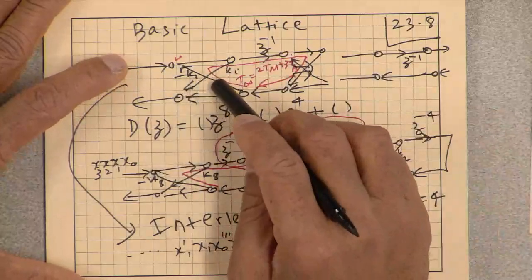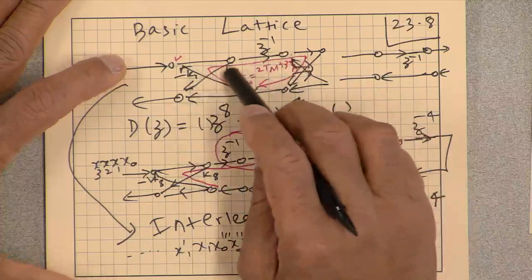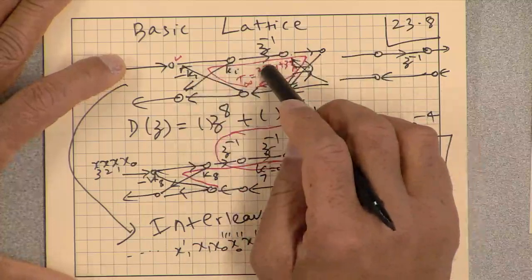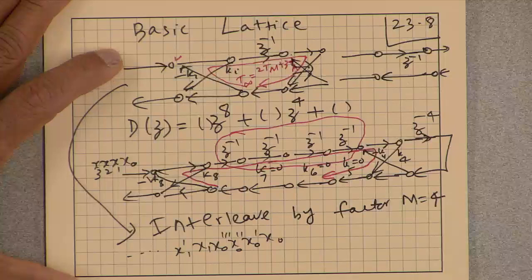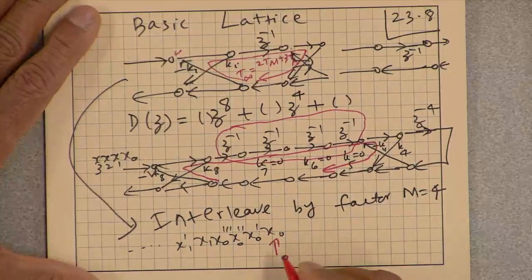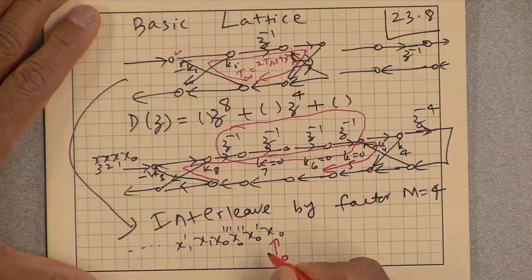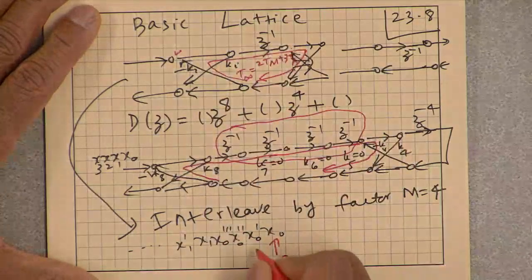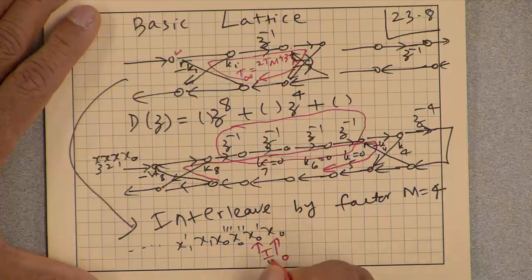And yes, replacing one delay by 4 delays would help us to reduce the critical path. So if indeed the critical path was t, and I'm able to reduce that to t by 4, then the clock period would be t by 4.